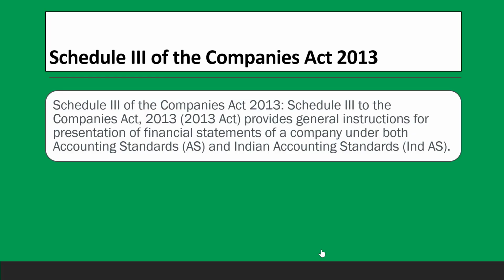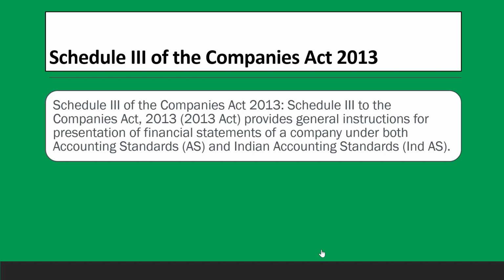Schedule 3 of the Companies Act provides general instructions for presentation of financial statements of the company under both accounting standards and Indian accounting standards. So basically, Schedule 3 also gives general instructions. It is a format where the instructions are given with respect to each and every line item, how it has to be shown in the balance sheet and profit and loss account.